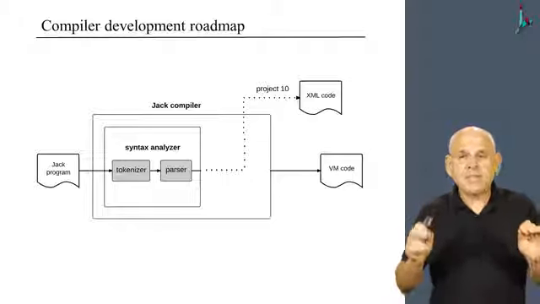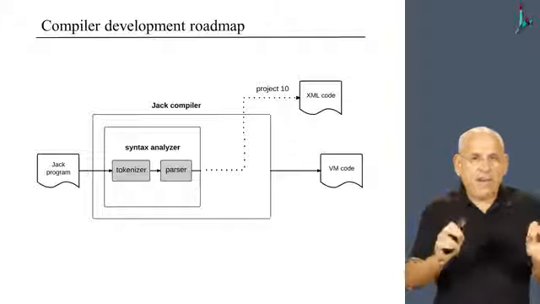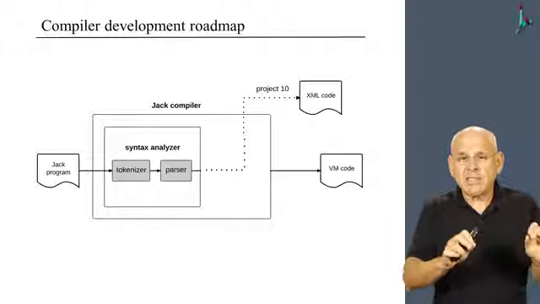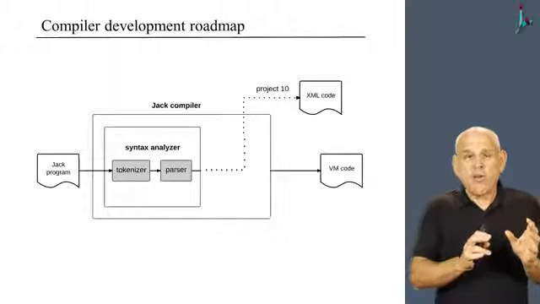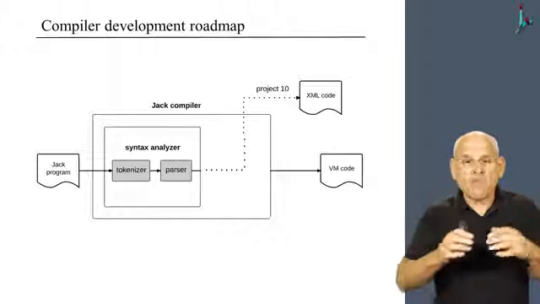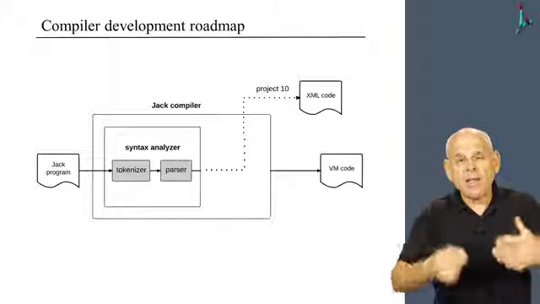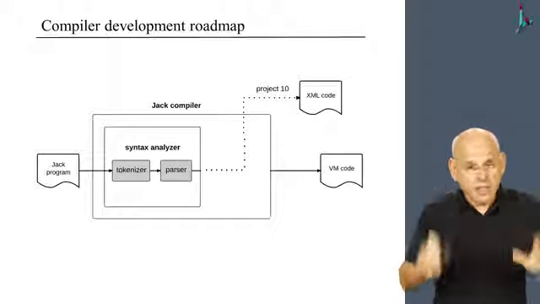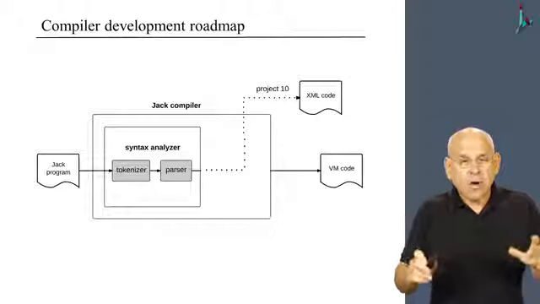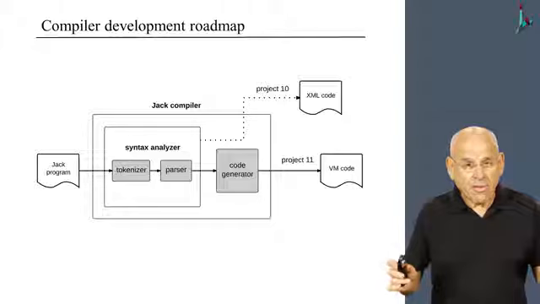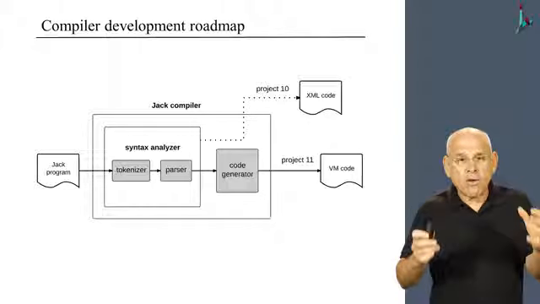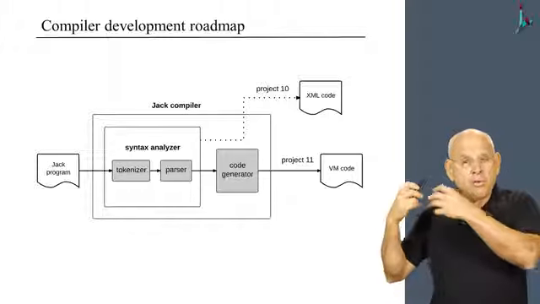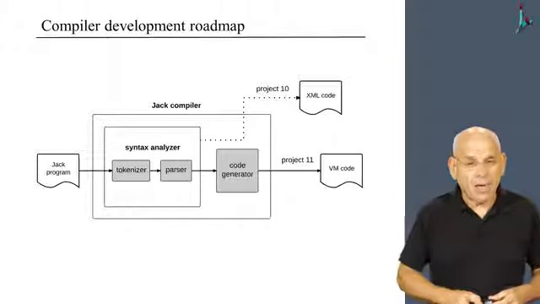And the purpose of this exercise was just to verify that the parser understands the source code, that it understands the syntactic structure of the commands and is capable of demonstrating this understanding by producing legible XML code. In this project, the XML code is no longer relevant, right? Because in this module, we're going to focus on a code generator, which is going to translate into VM code.